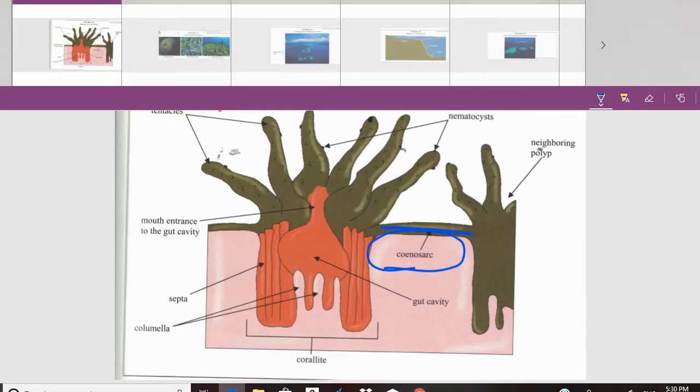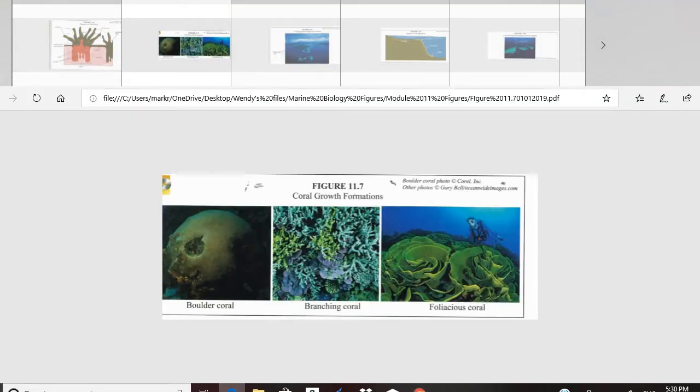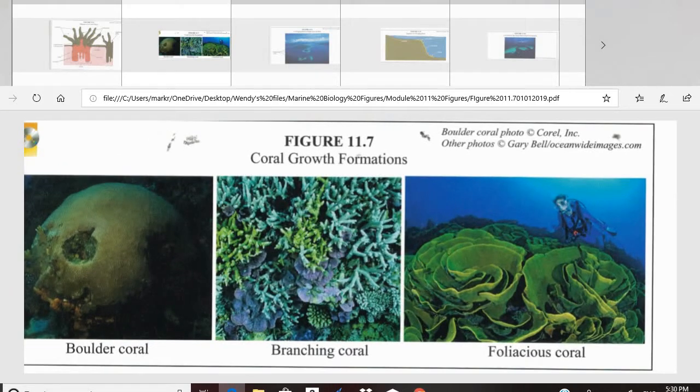There are a lot of different varieties of coral growth formations, and it really depends on whether they bud horizontally, do they bud vertically, do some of them bud in a combination of both.